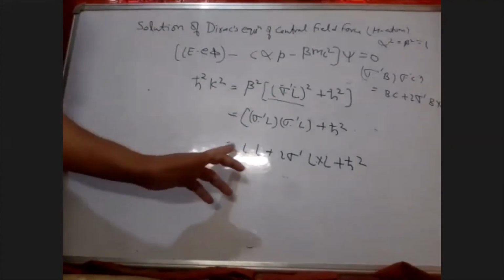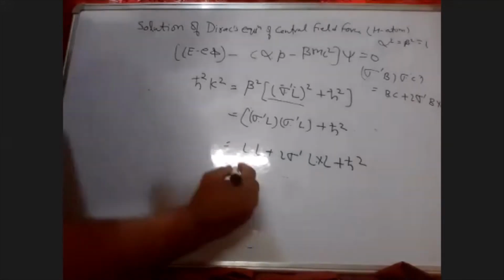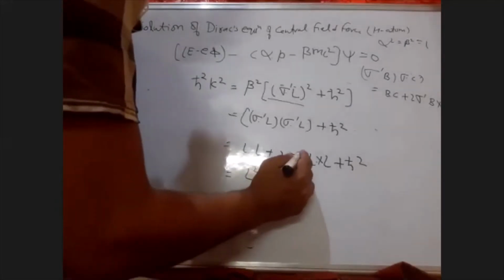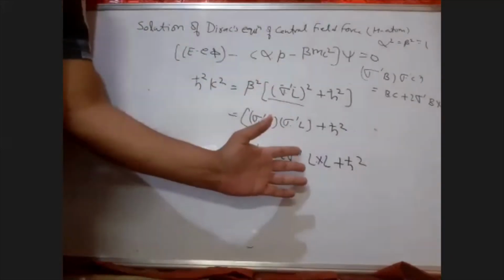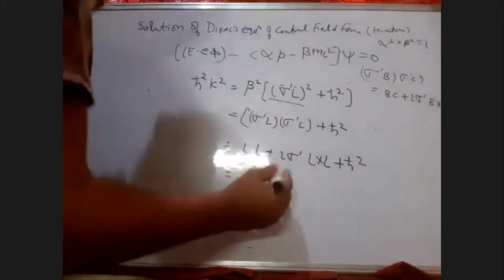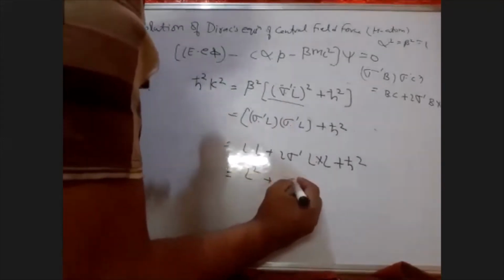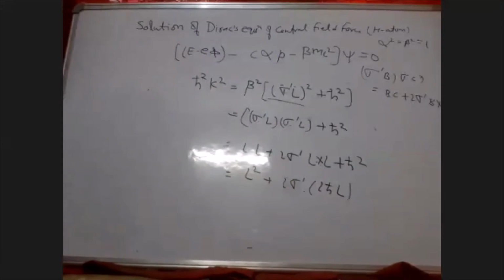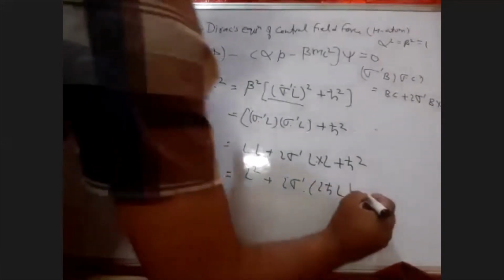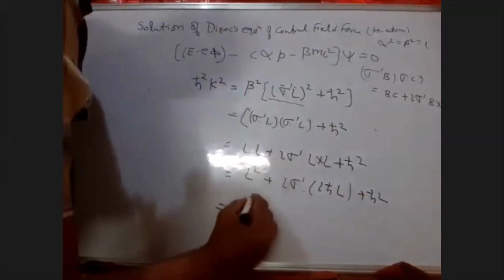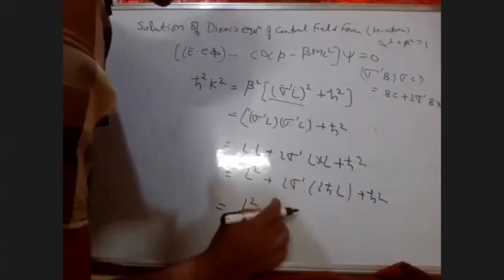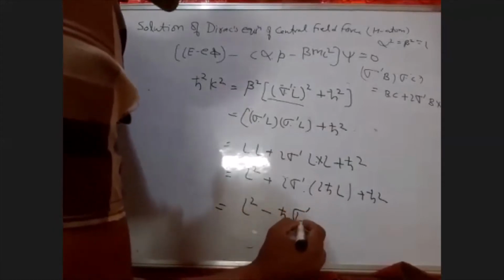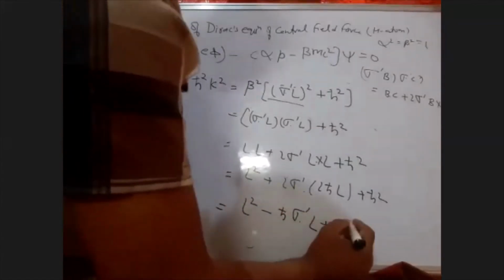L dot L, the dot product of these two vectors, is equal to L square plus i sigma dash L cross L. We can calculate the value of L cross L, which is i h cross L. So we get L square plus i square minus h cross sigma dash dot L plus h cross square.